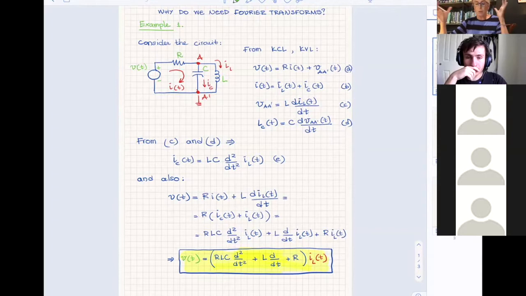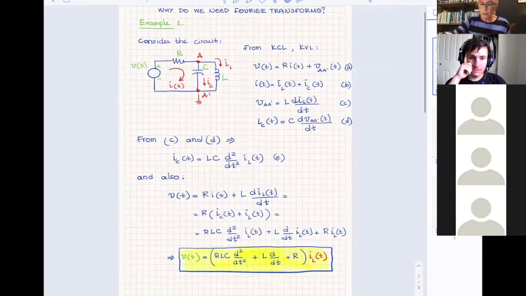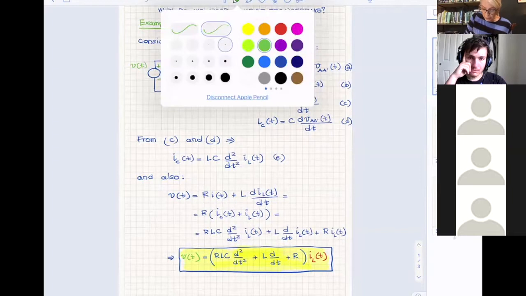And then if you combine these, as I show in these derivations here, we come down to one important second order differential equation. And why are we calling it a second order differential equation? Because obviously it has a second derivative with respect to time.